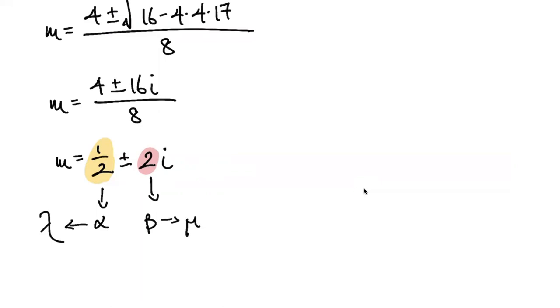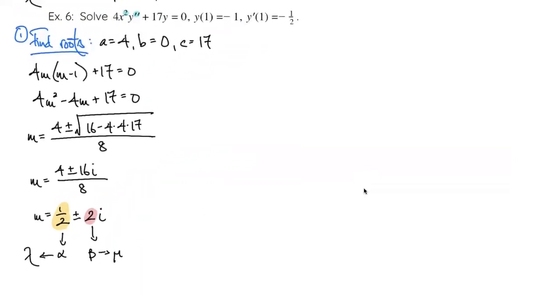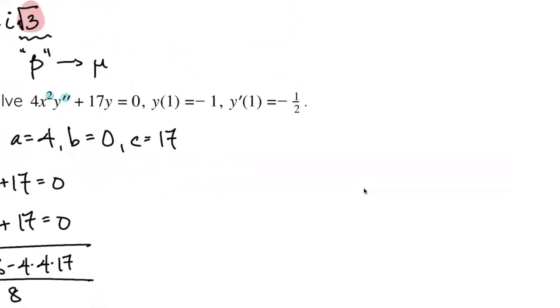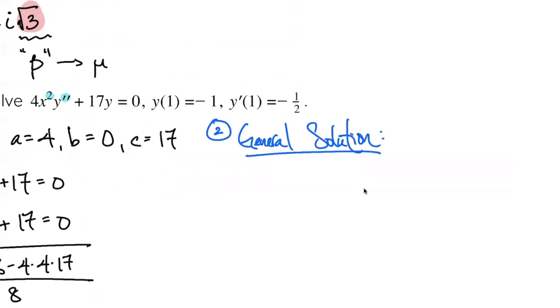Okay. So we're going to go ahead and plug those all in to the equation. And what are we going to get? We're going to get y equals x to the 1/2.